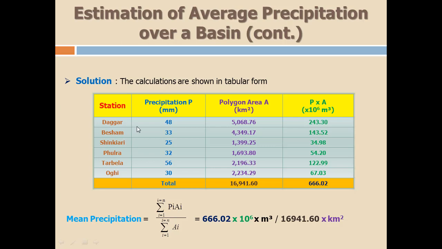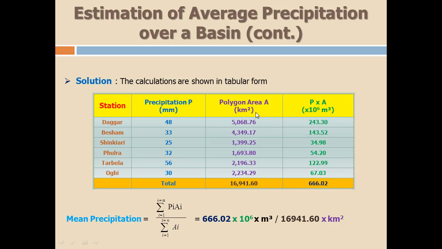At Dagger station, the precipitation P value is 48, and the area of the polygon around the Dagger station is 5068.76 square kilometer. So we will multiply 48 millimeter by 5068.76 square kilometer.